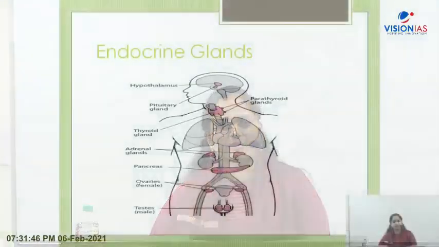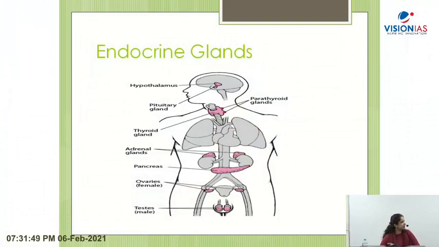Okay. So now what we're going to do is we are going to discuss the different endocrine glands one by one. Fine. And we also have to write down about their hormones and the functions.